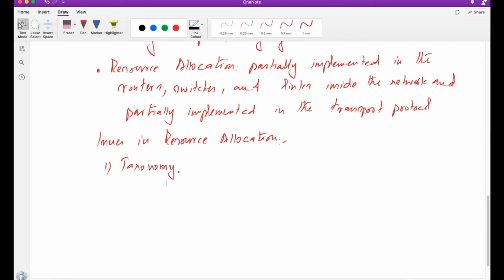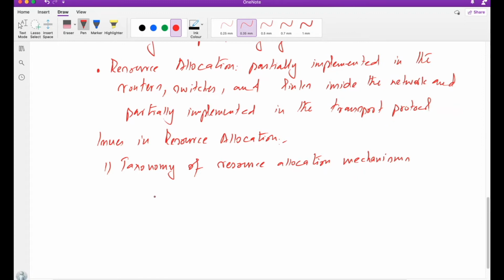Since resource allocation mechanisms differ, creating a taxonomy is a very difficult proposition.